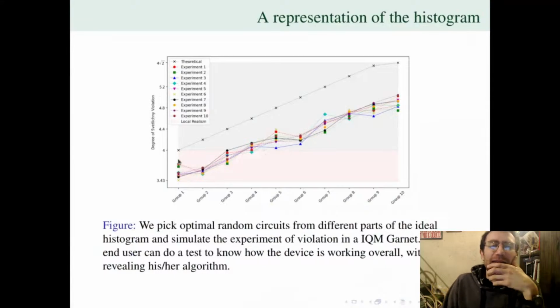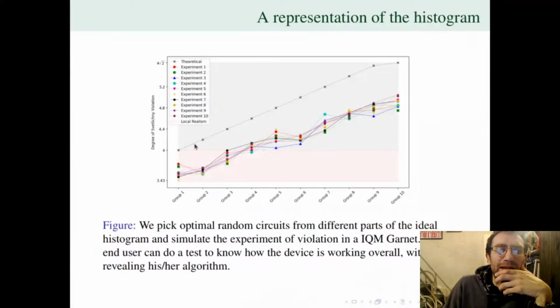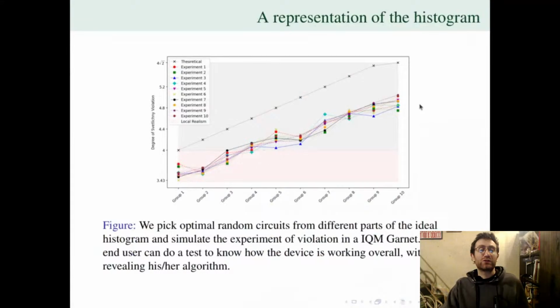And in this plot, what you can see is that the black crosses here are the ideal results. So should the quantum computer be perfect, you would obtain these black crosses on top. But given that it is not perfect, what you obtain is these points here. And you see that there is, of course, a dispersion, because each time you repeat an experiment, you obtain a slightly different value.